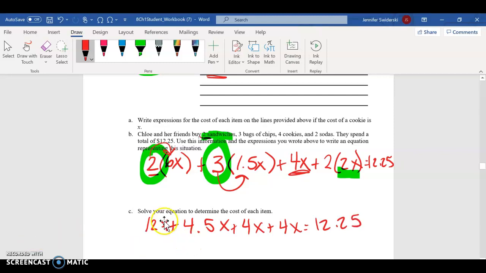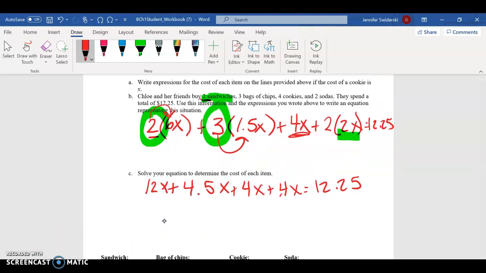Let's solve. 12X plus 4X plus 4X, we have 20X. And 4.5, plus 12, is going to give me 24.5.